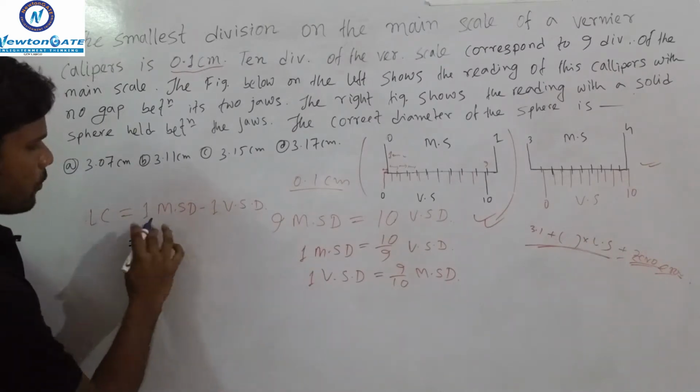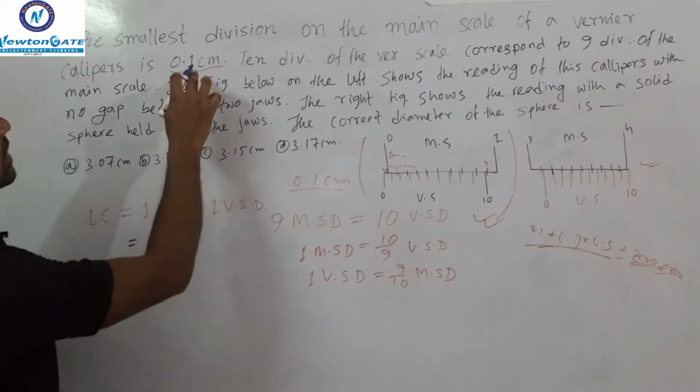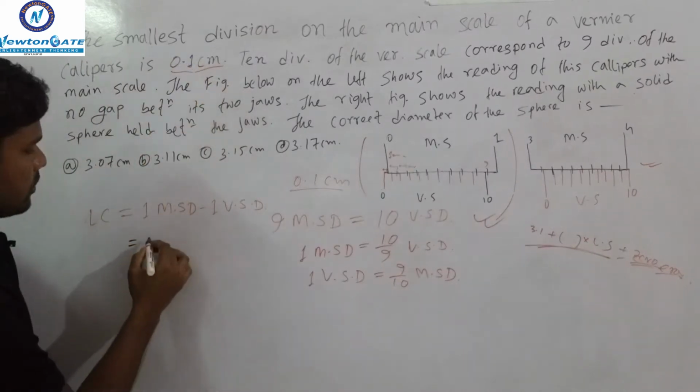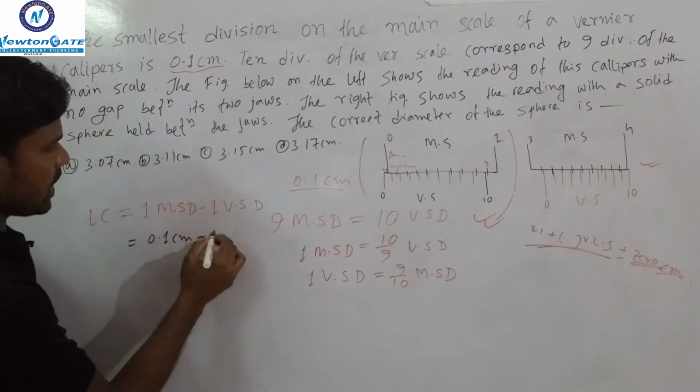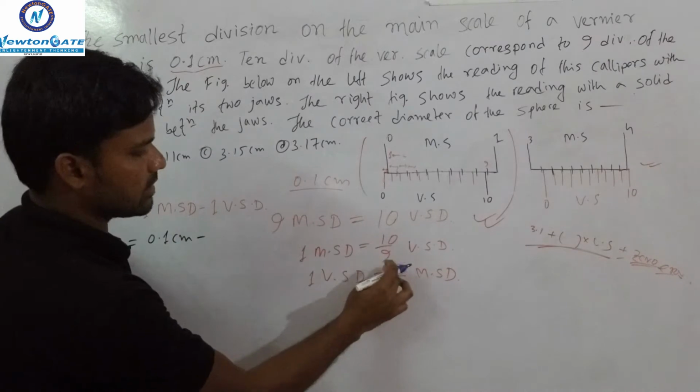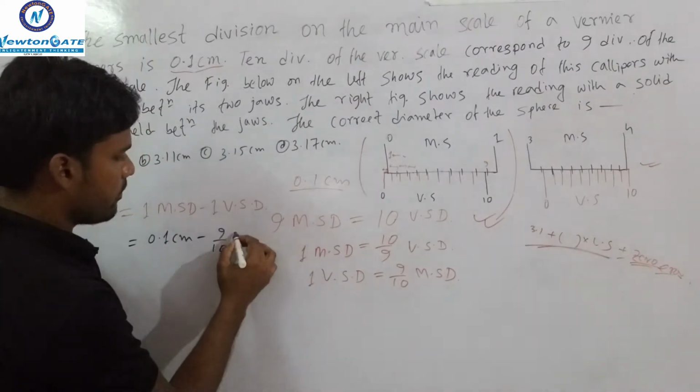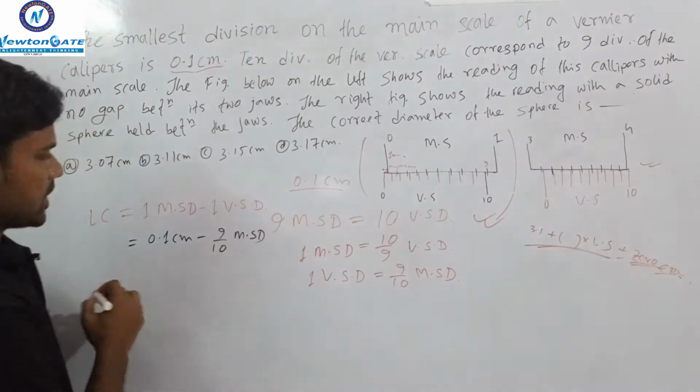So just put over here, one main scale division is simple, the data is given 0.1 centimeter, but one vernier scale reading means like this, 9 by 10 main scale division. Clear?